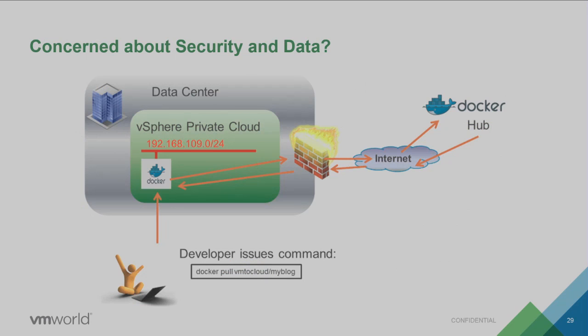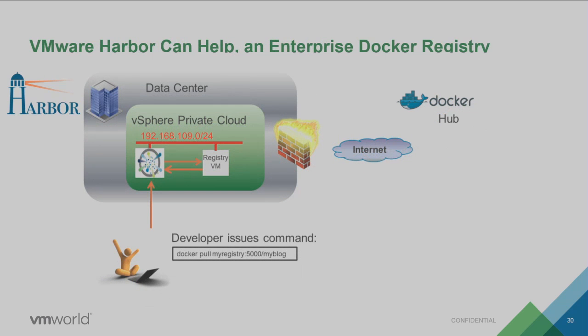And then if you're concerned about security and data, what you saw in my demo earlier was going out to Docker Hub. So I had to go through the corporate firewall, if there was one, to get out to Docker Hub. I can store containers there as well. I can log into that system, but it's not controlled by your governing policies and security. So what we've done, VMware has introduced VMware's Harbor.